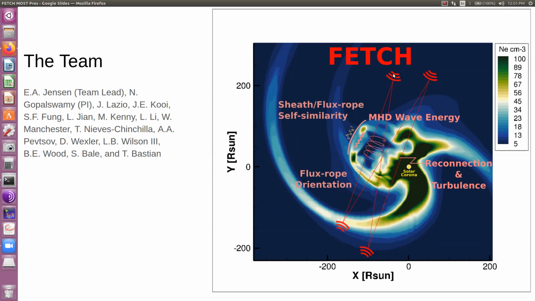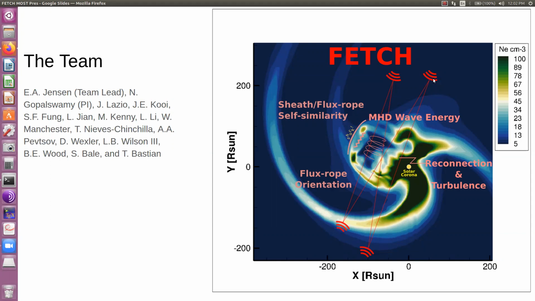So you have the Lagrangian positions ahead and behind Earth, the L4 and L5 positions. And so we're talking about putting spacecraft here and here. The PI on this mission proposal is Nat Gopalswamy.